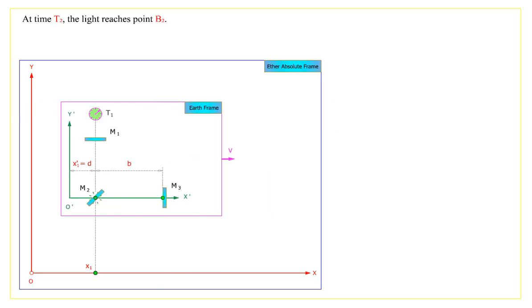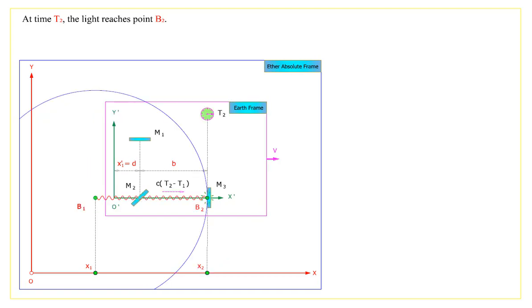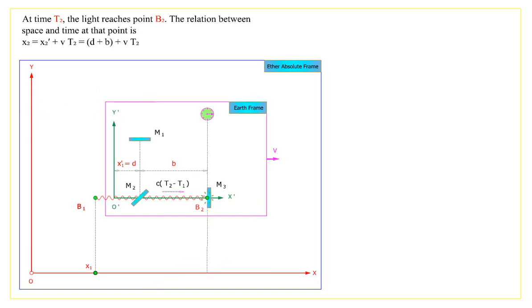At time t2, the light reaches point B2. The relation between space and time at that point is x2 equals x2 prime plus v t2 equals d plus b plus v t2.